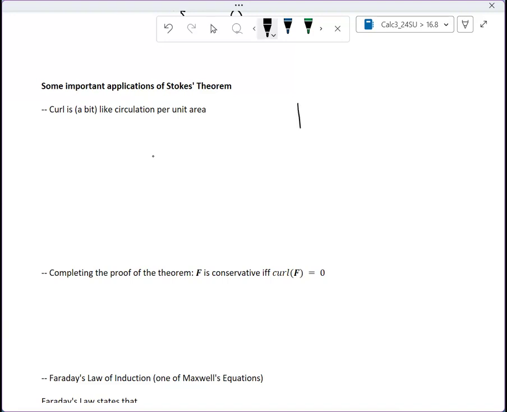And remember, when we introduced the idea of curl, we kind of said if I have a two-dimensional vector field, I think of putting like a little paddle wheel in there and seeing what direction it would tend to spin. If it tends to spin counterclockwise, I say the curl is positive, and clockwise, I say the curl is negative. And if it tends not to spin at all, then the curl is 0.